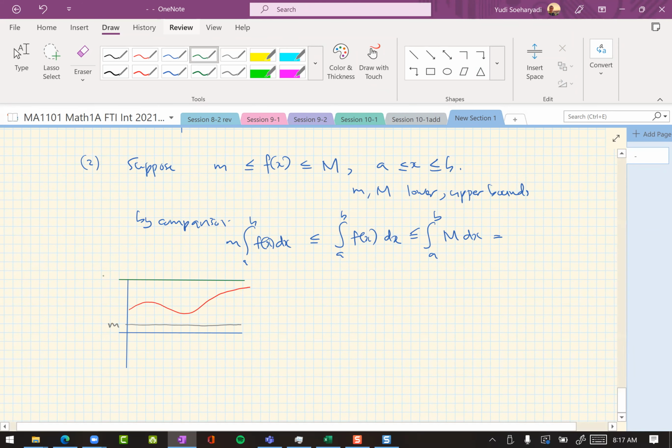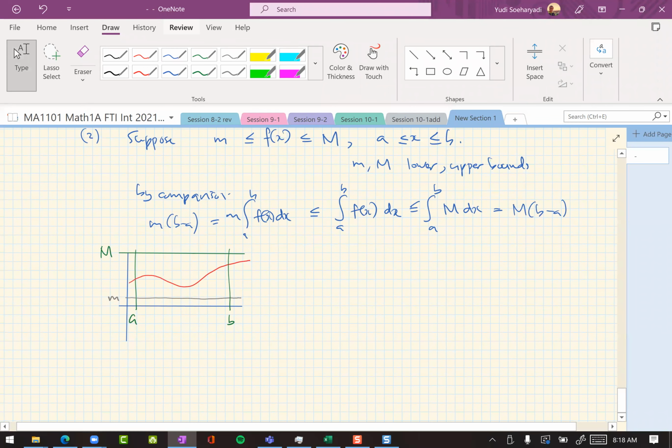The green one is M. So the area under a curve must be less than that. All right, so this equals M times B minus A. Okay. So that's the comparison principle. That's what we need.